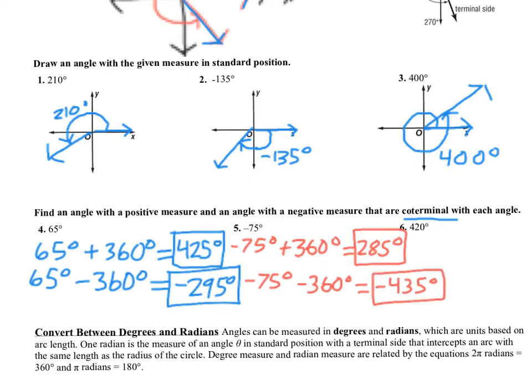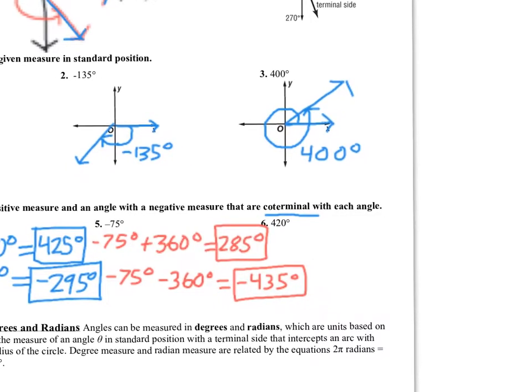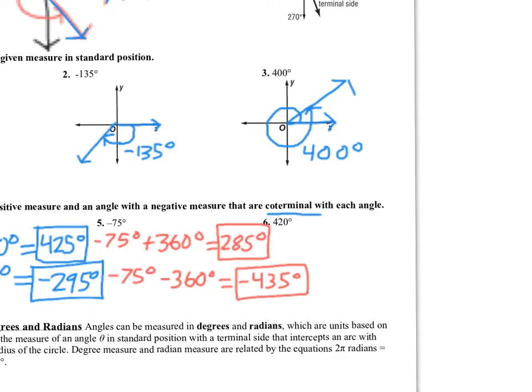Right, so this doesn't always work, as you'll see on number 6. You can't just always add 360 and subtract 360. So if I add 360 degrees here, I get 780 degrees, which could be my positive answer.